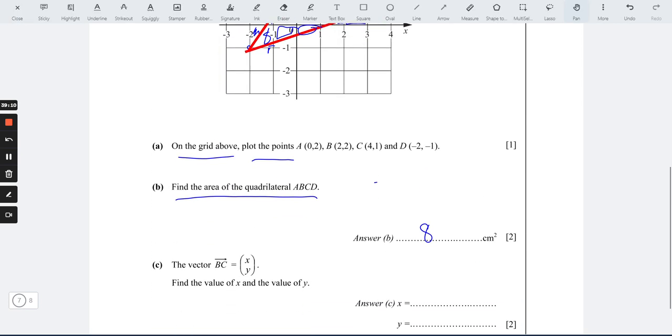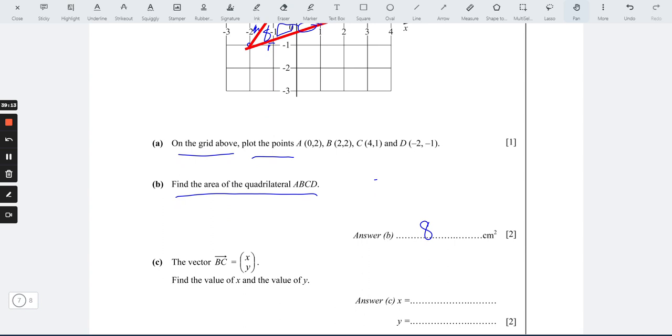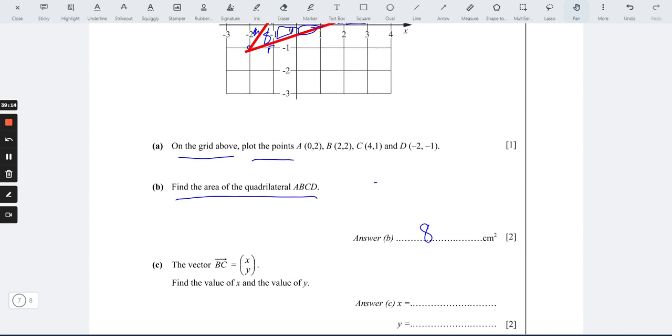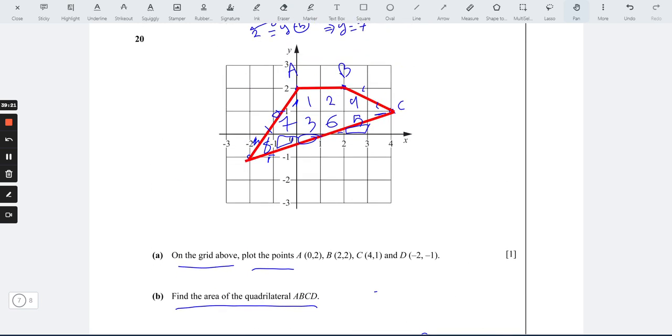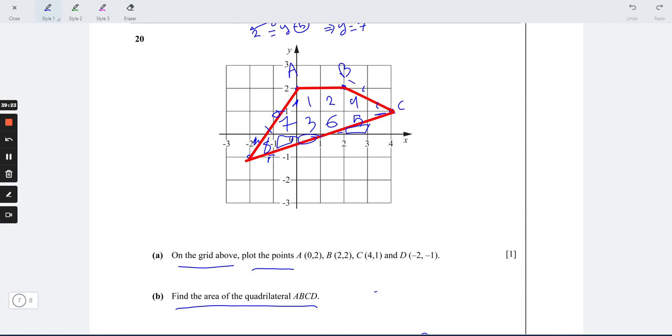Now they are saying the vector BC equals (x, y), find the value of x and the value of y. So here the vector B to C, from this point here to this point here, you are going 2 to the right and 1 down.